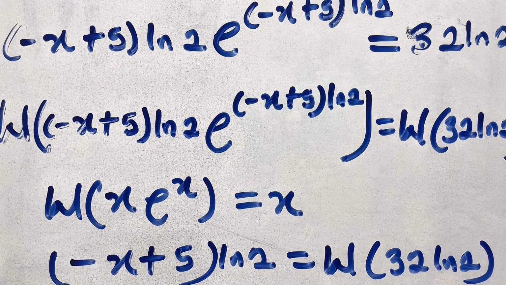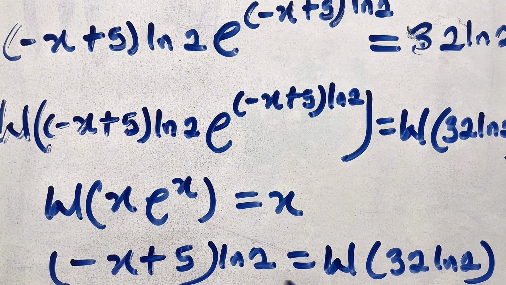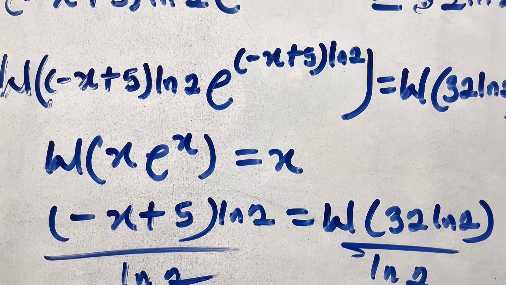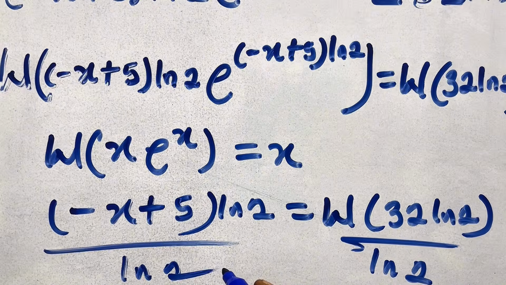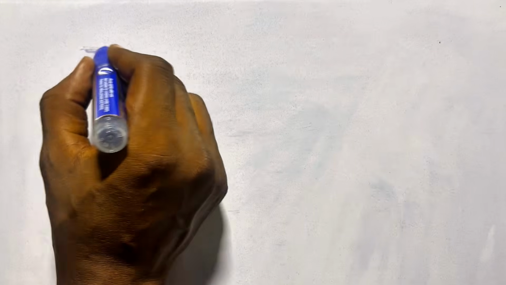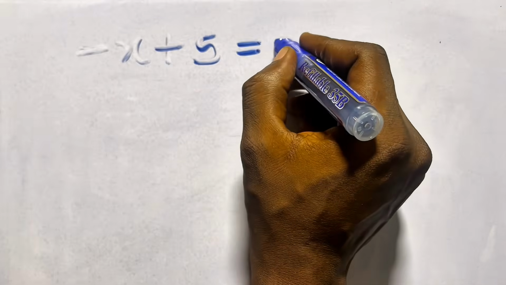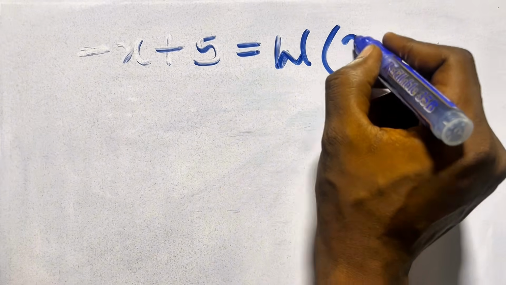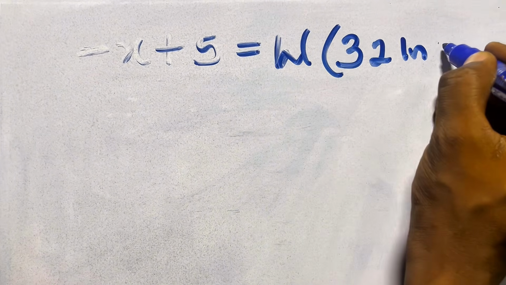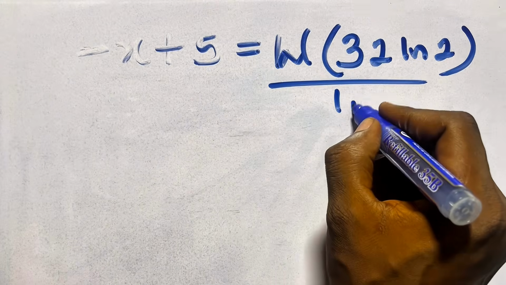Moving forward, if we divide both sides by ln 2, we are going to have minus x plus 5 equals the Lambert function of 32 ln 2 divided by ln 2.